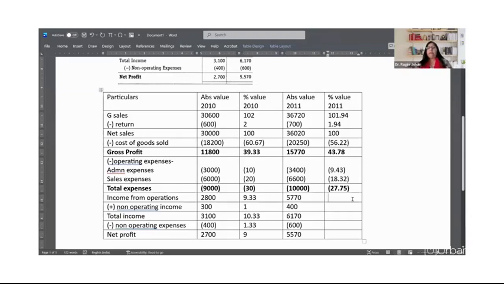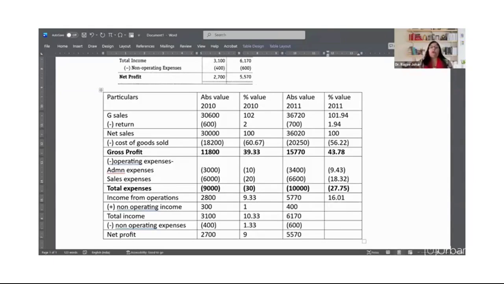Similarly, let us find the percentages here. This is 5,770 divided by, now here the denominator will be 36,020. So this comes to 16.01%.